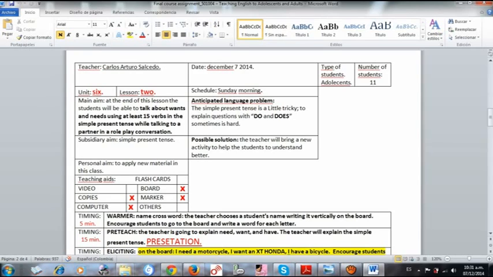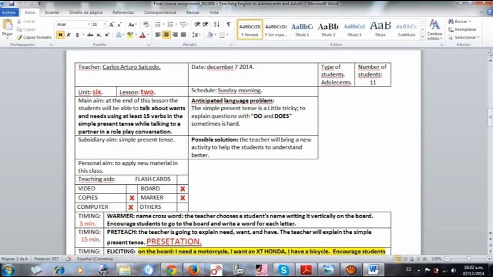The anticipated language problem. In every class we face issues. Like this one, one of the hardest parts of the simple present tense is asking questions with do or does. And below that, we have the possible solution.